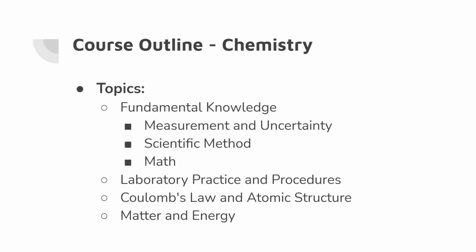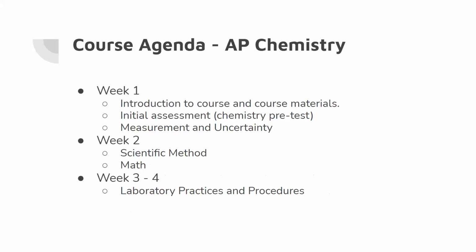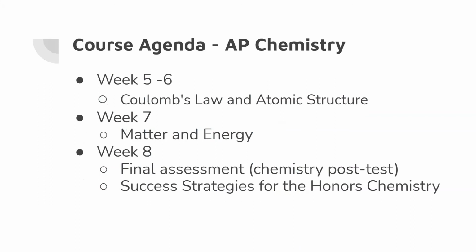Coulomb's law and atomic structure, matter and energy. Those would be the major topics, and again, we would spend more time on these topics. The same ones are included in AP chemistry, but we don't spend as much time on them because the expectation there is that the student is not as unfamiliar. And again, we have about an 8-week schedule there.